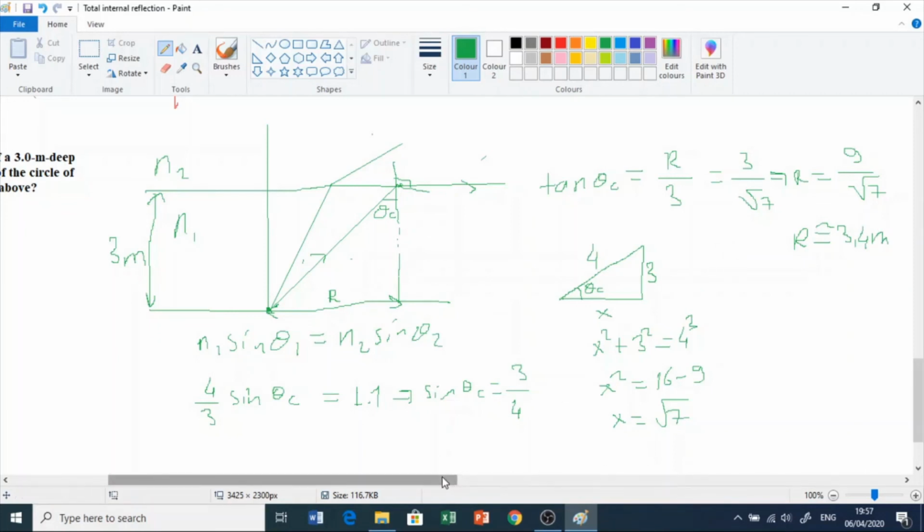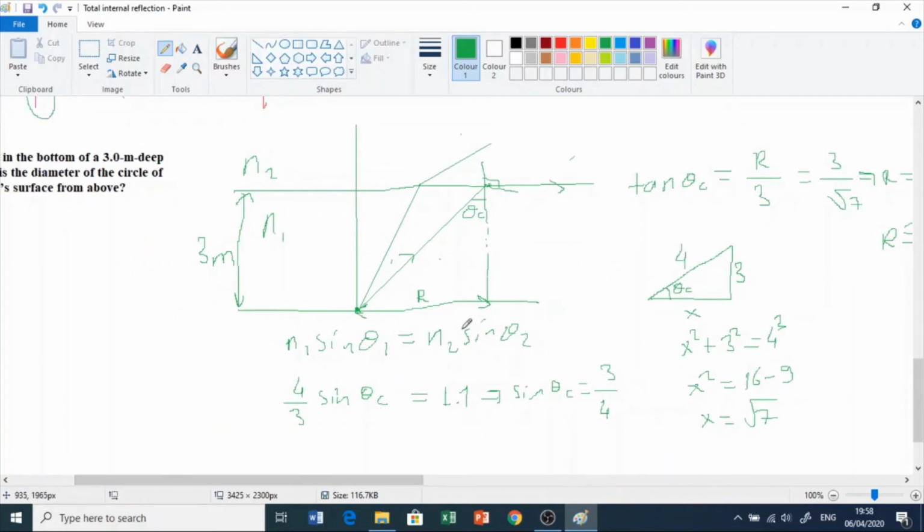Let's move back to our question. Light from this source will move from here to the air, from here to the air, from here to the air again. But at the critical angle, assume this is the critical angle, light is going to run along the interface. Any light ray bigger than the critical angle will reflect back.